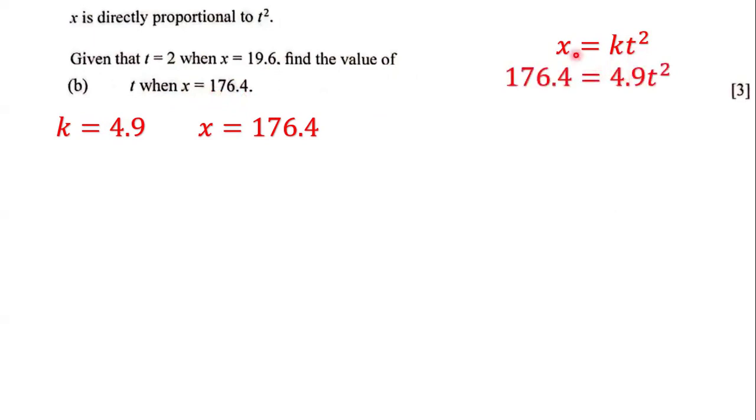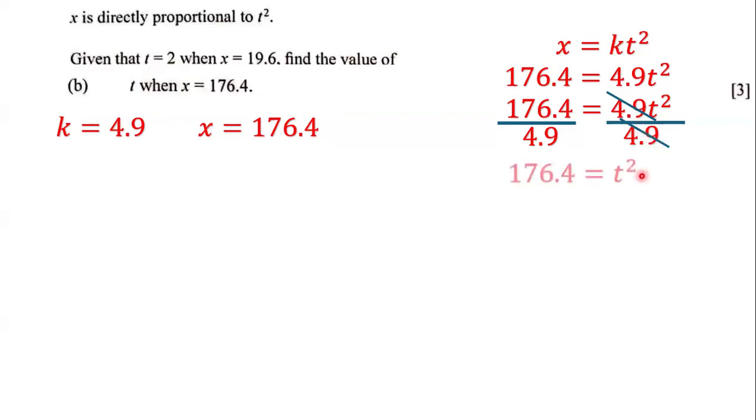And so we substitute x is equal to 176.4. We have that k is equal to 4.9, and our goal is to figure out the value of t. And so we divide both sides of this equation by 4.9, and the 4.9 cancels with this 4.9.